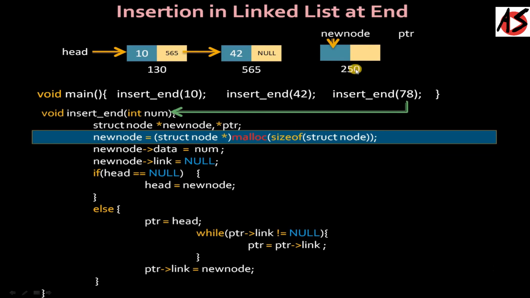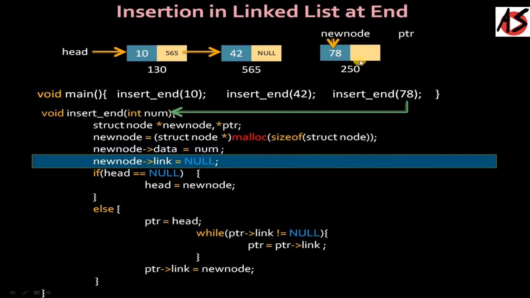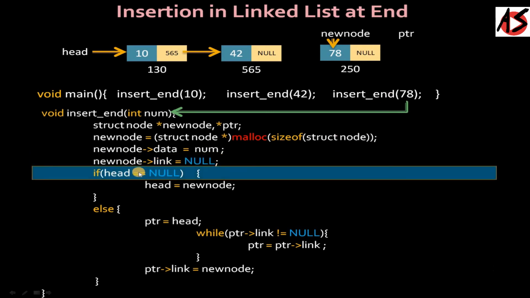Now in the new node data part we are inserting 78 and in the new node link part we are inserting null. Now again we are checking the condition if head is equal to null. Here you can see head is pointing to some node, it is not null, so this condition is false.